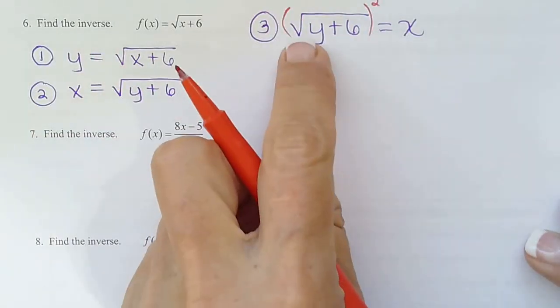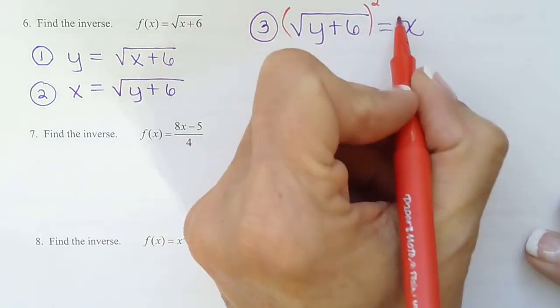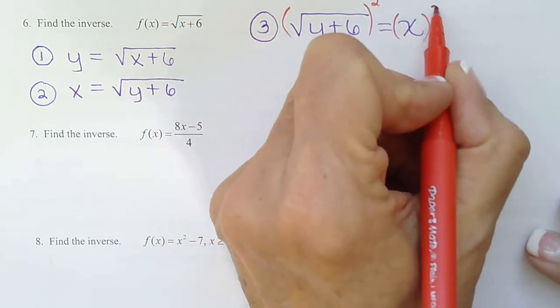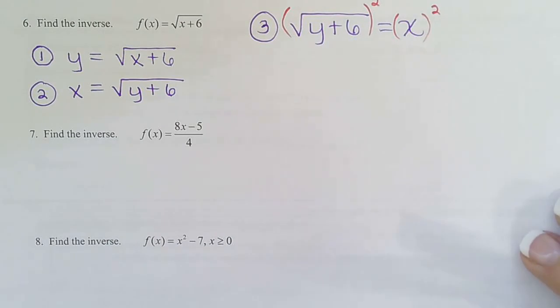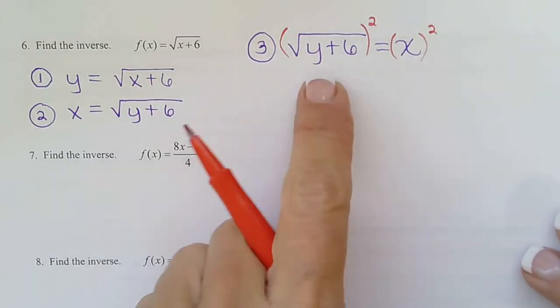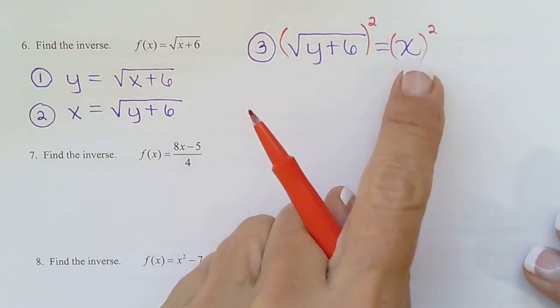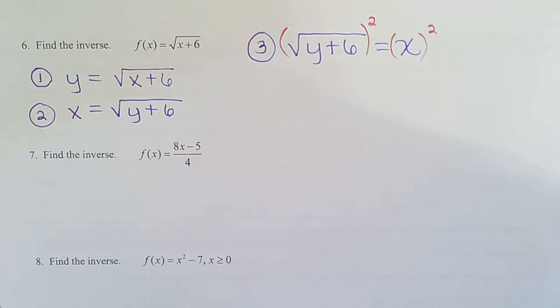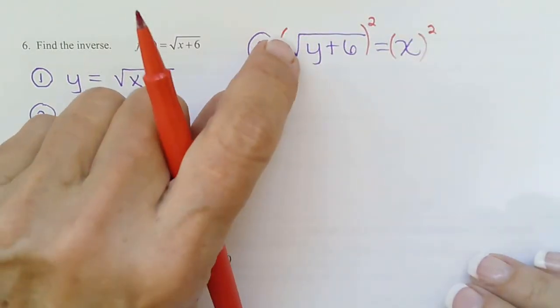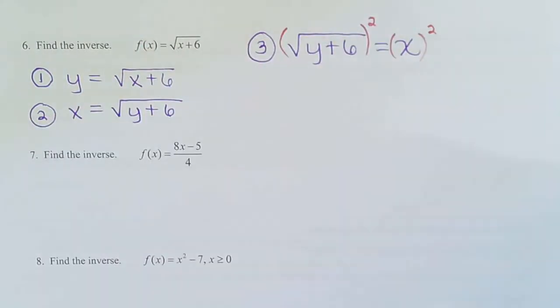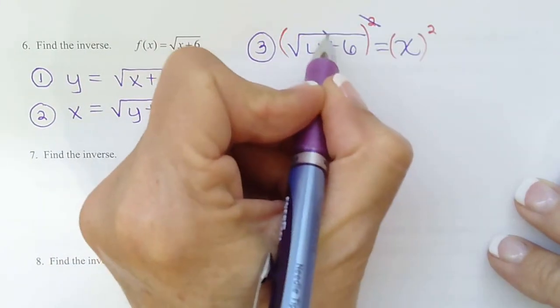So to get rid of square root, I square, but if I square the left side, I must also square the right side. So I'm just solving this radical equation, and we learned to solve radical equations by undoing the index. So undo a square root would be square. The reason we did that is because they undo each other.